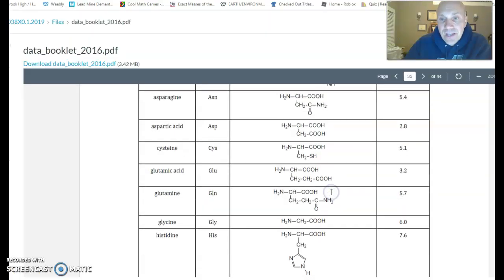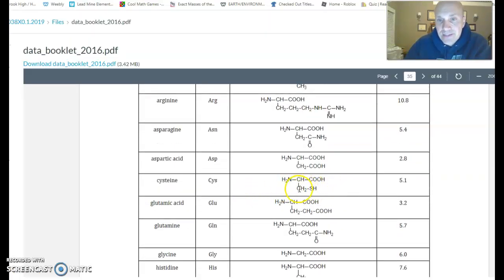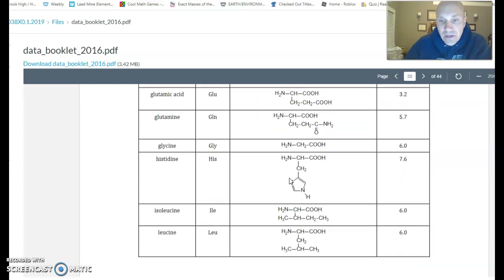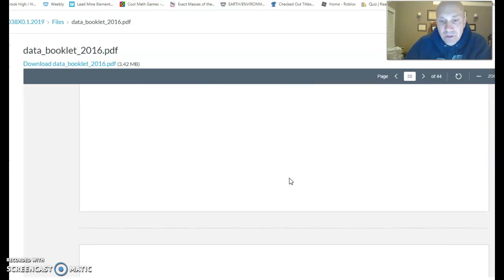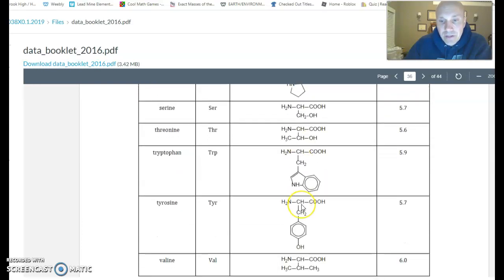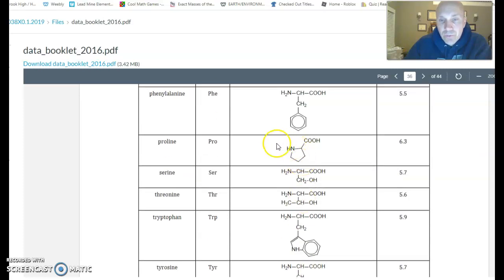Would it make more sense to have nonpolar ones like cysteine or alanine, or let's find another nonpolar side chain? Methionine would be nonpolar. Proline would be nonpolar.